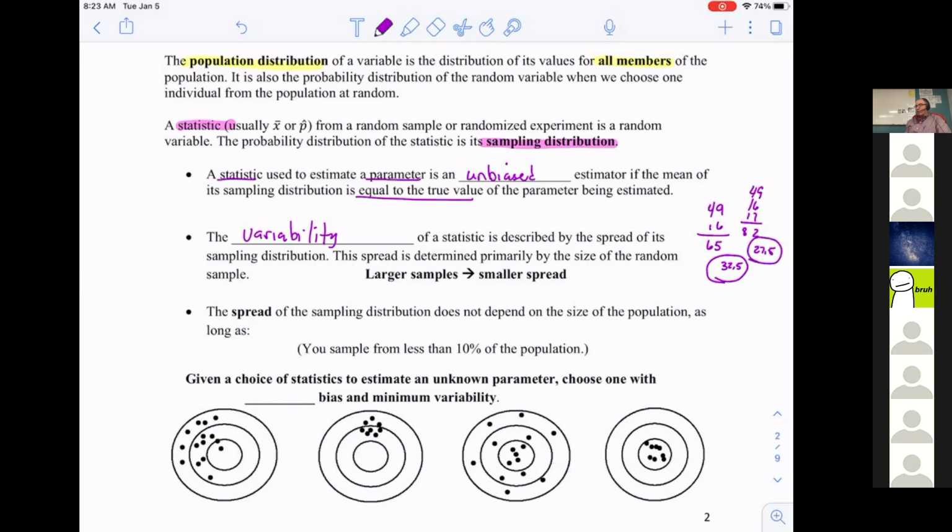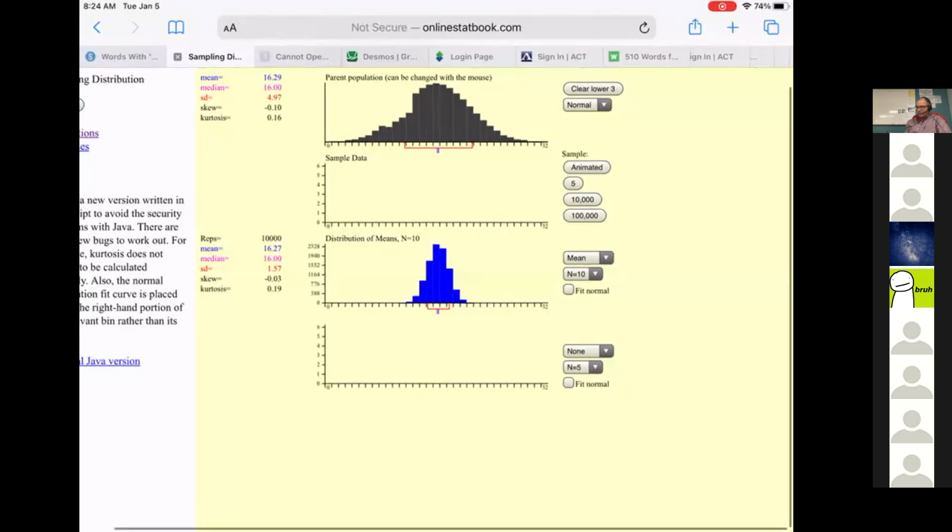It got it down to 27.5. So as my sample size increases, even though I get one of those large dramatic numbers in there, it is going to help buffer that out. As my sample size increases, my spread is going to decrease. That was the moral of the story that we needed to get out.